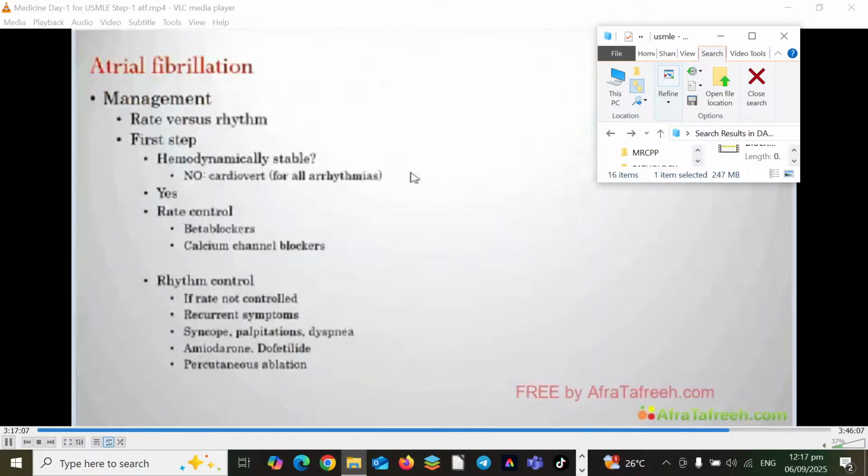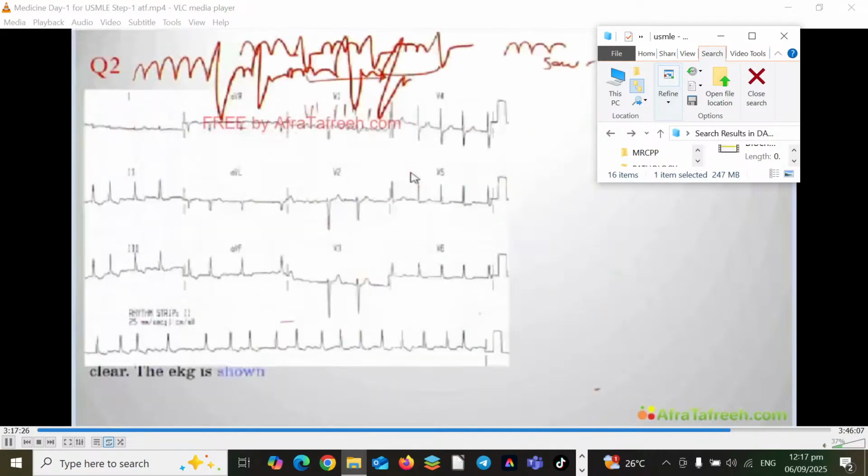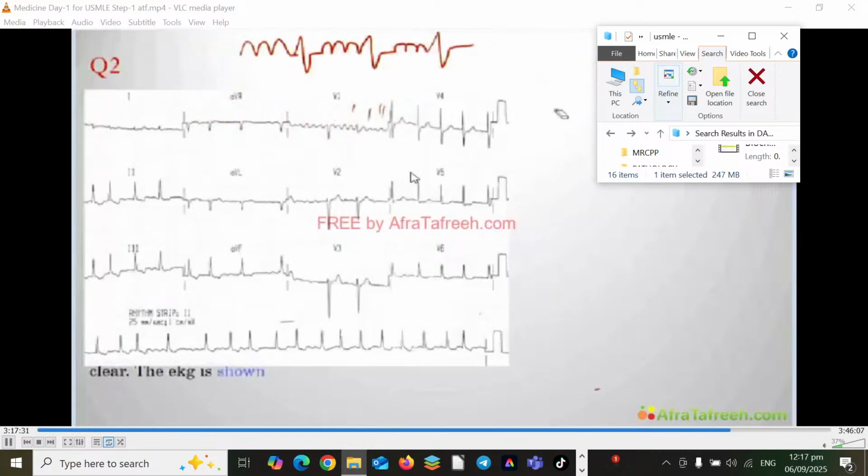So the first question that you have to ask: I just said the differences between flutter and fibrillation on an EKG. I just made you this diagram, right? This is flutter. How would you determine regularity if you are palpating a pulse?